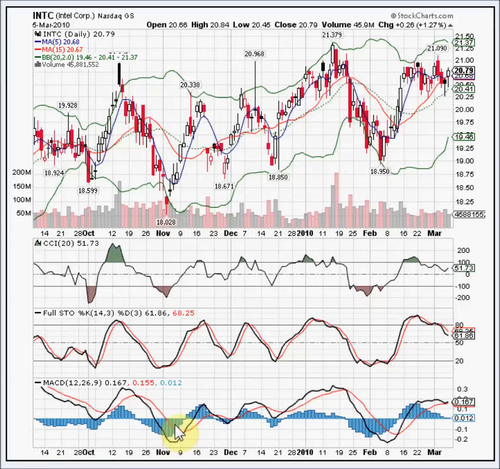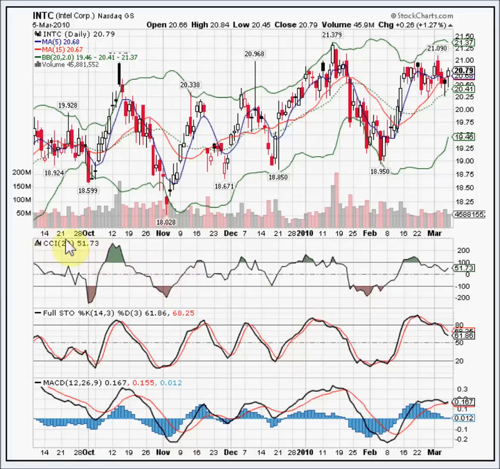Now the histogram can sometimes be what I call the headlights around the corner. It will give you a preview of what may be happening soon. This chart doesn't show it very well. There are other charts I'll show you later where I talk primarily about the MACD.